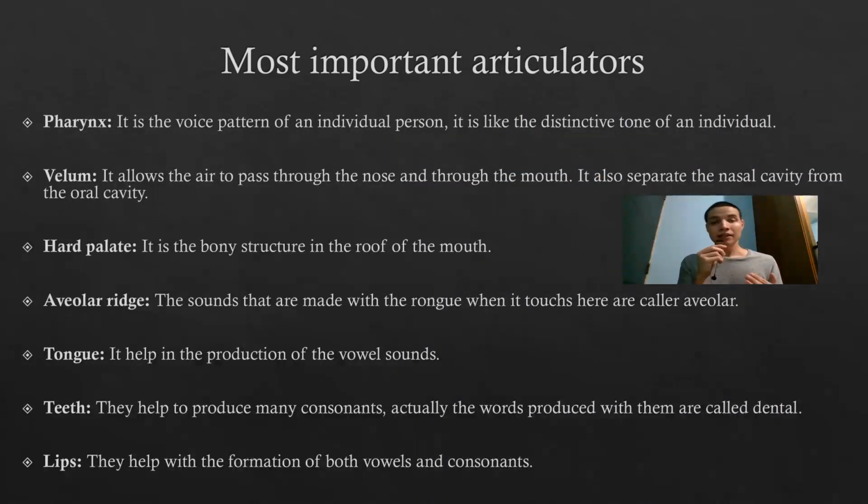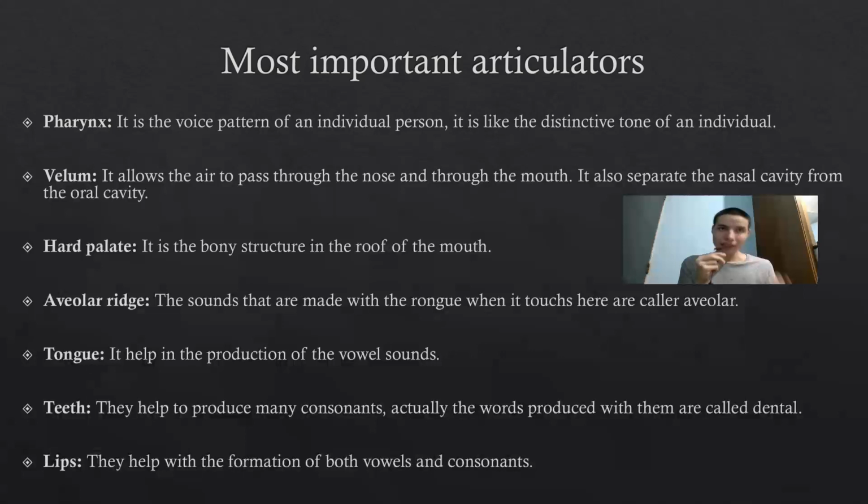Now, the most important articulators are, first, the pharynx, which is the voice pattern of an individual person. It is like the distinctive tone of a person. The velum allows the air to pass through the nose and through the mouth. It also separates the nasal cavity from the oral cavity. The hard palate is the bony structure in the roof of the mouth.